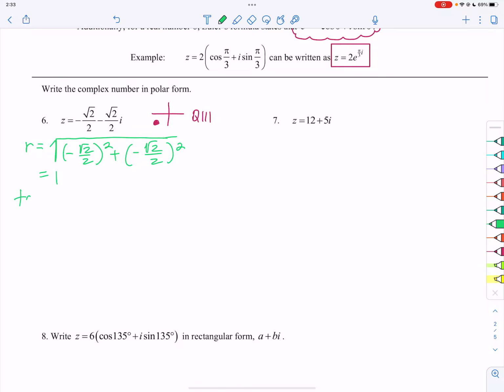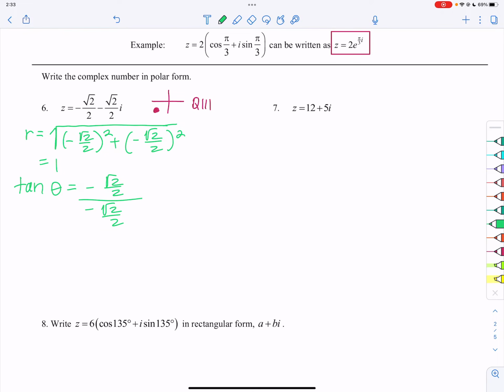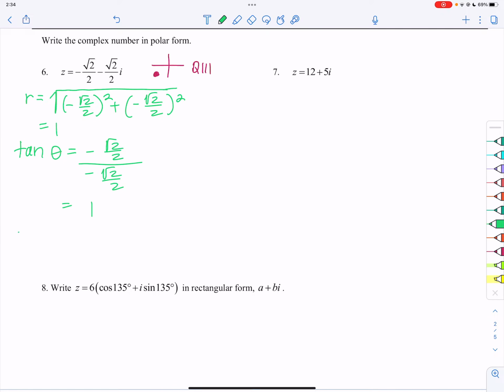We have the tangent of theta equal to the opposite of root 2 over 2 divided by the opposite of root 2 over 2. And of course, that's equal to 1. So, therefore, theta is equal to 5 pi over 4.